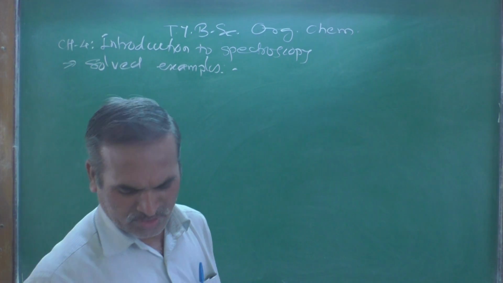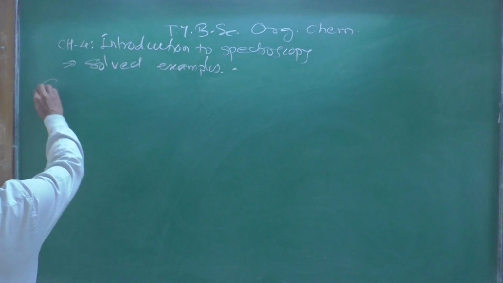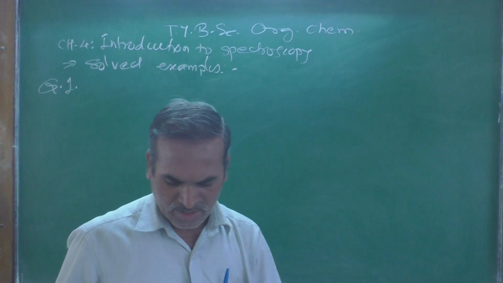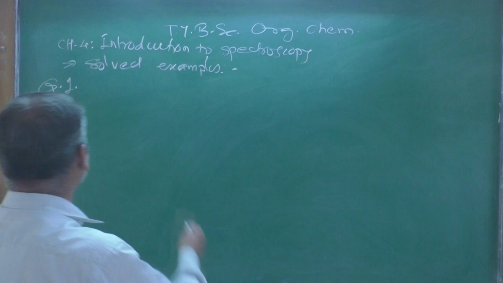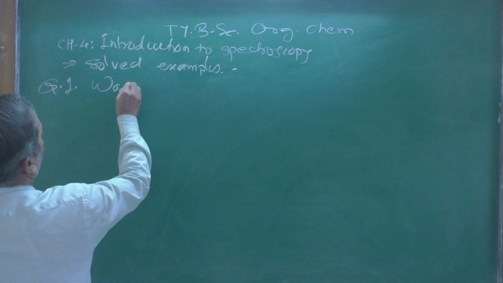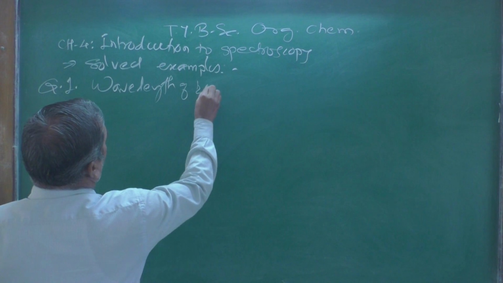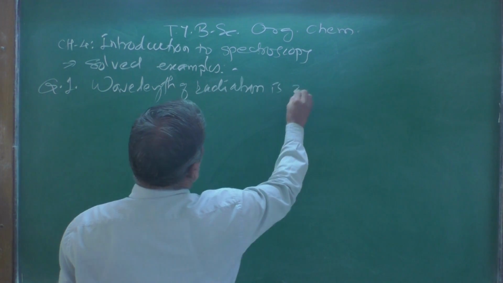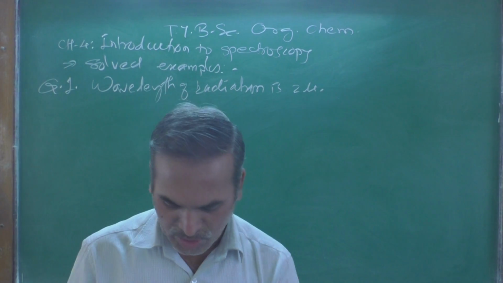Let us see the first solved example, example number 1. The wavelength of radiation is 2 micron, that is 2 mu.